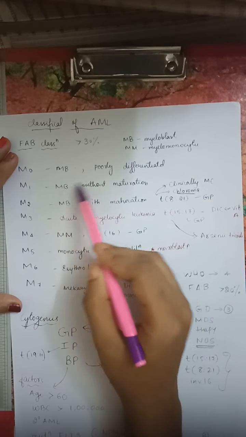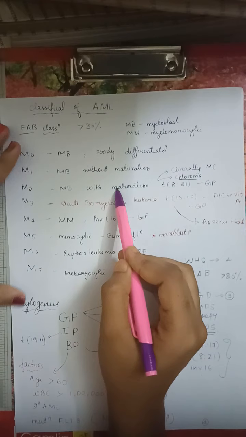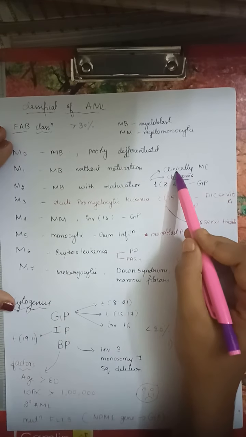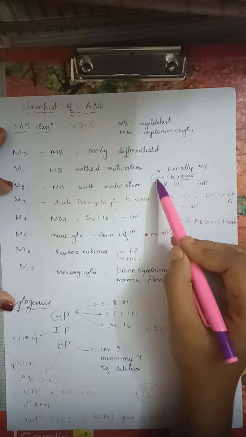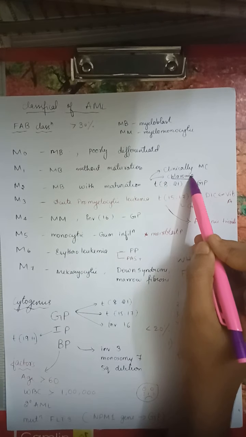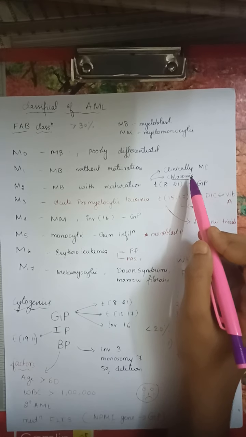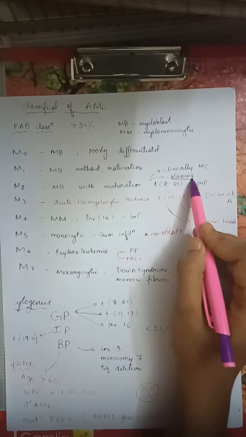M1 is myeloblast without any maturation, M2 is myeloblast with maturation, and it is clinically most common. It is associated with something known as chloroma, also known as myeloid sarcoma or granulocytic sarcoma. Remember chloroma.